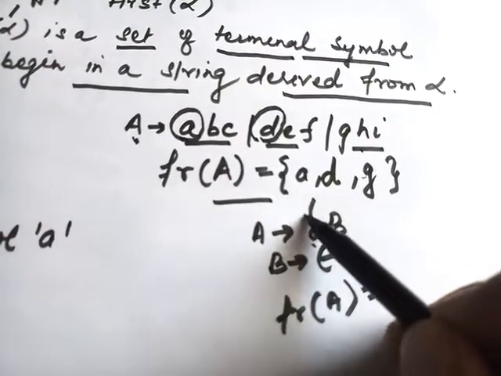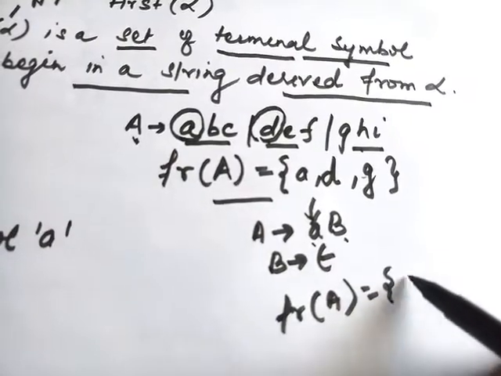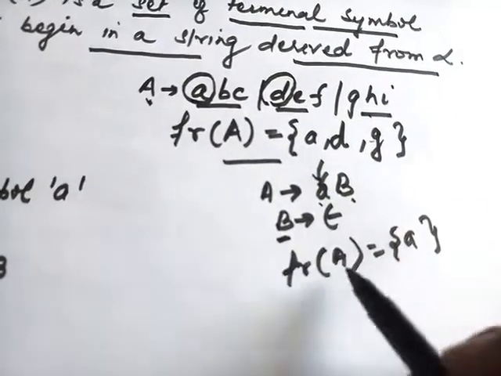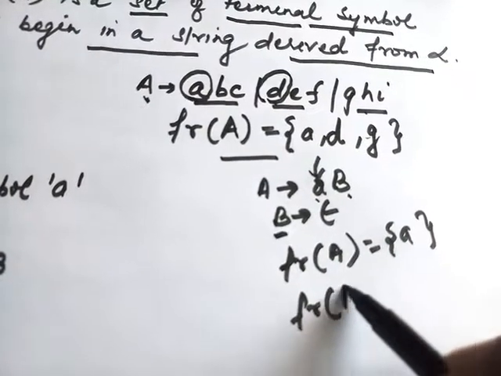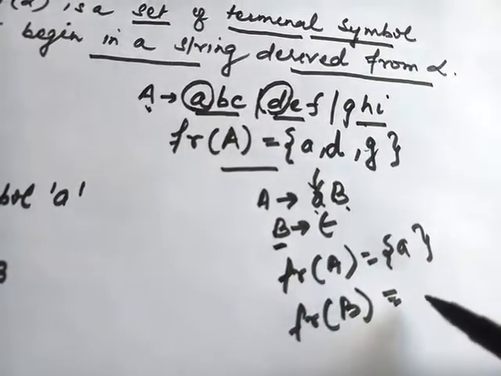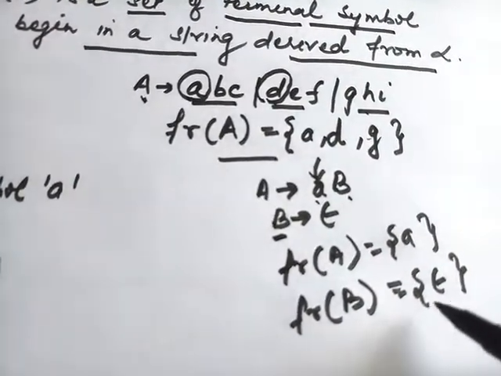We have to take the first symbol, and if it is a terminal, this is your answer. Similarly, if you see the second one, B, what is the first of B? B generates epsilon. So this epsilon is nothing but the first of B.